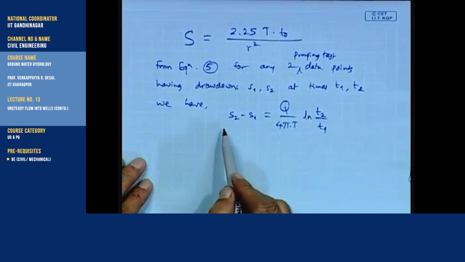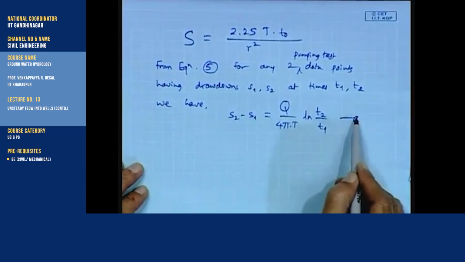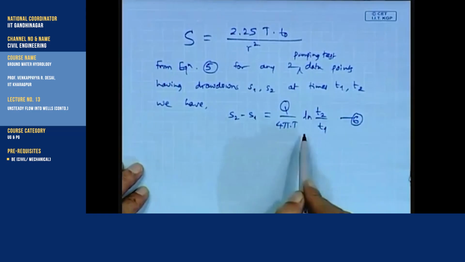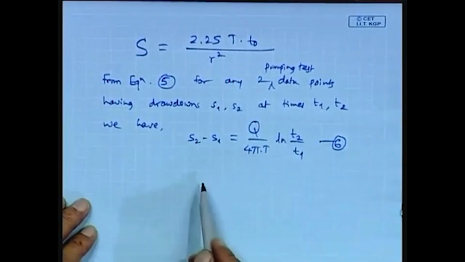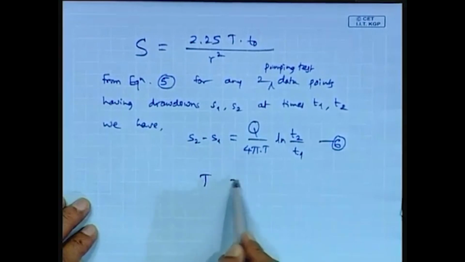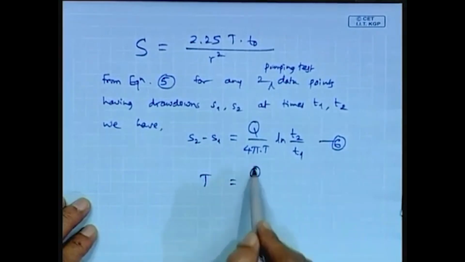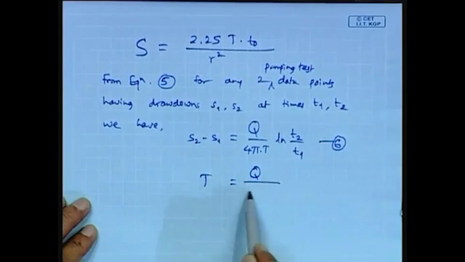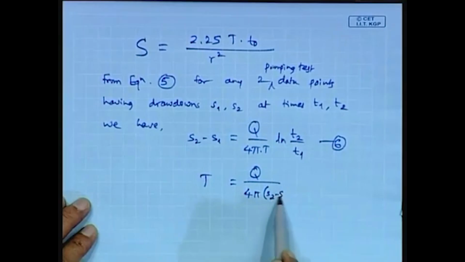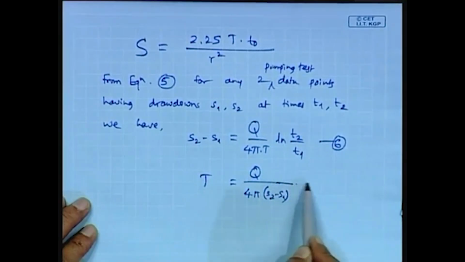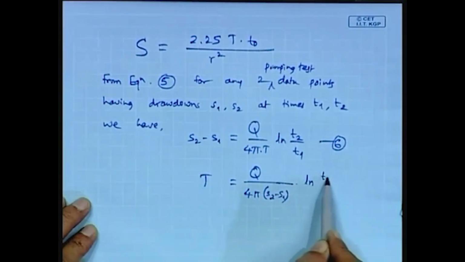So, this is equation 6, and from this equation 6 you can write down the expression for the transmissivity T. So, T is equal to Q divided by 4 pi into S2 minus S1 into natural log of t2 by t1.